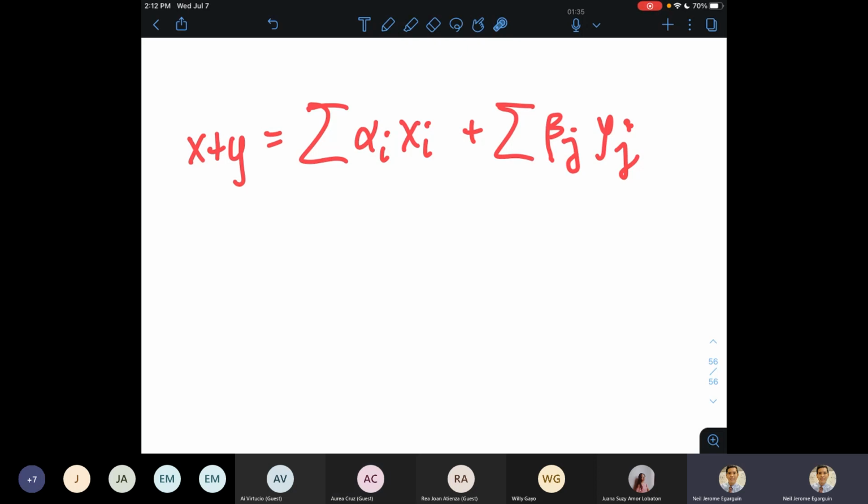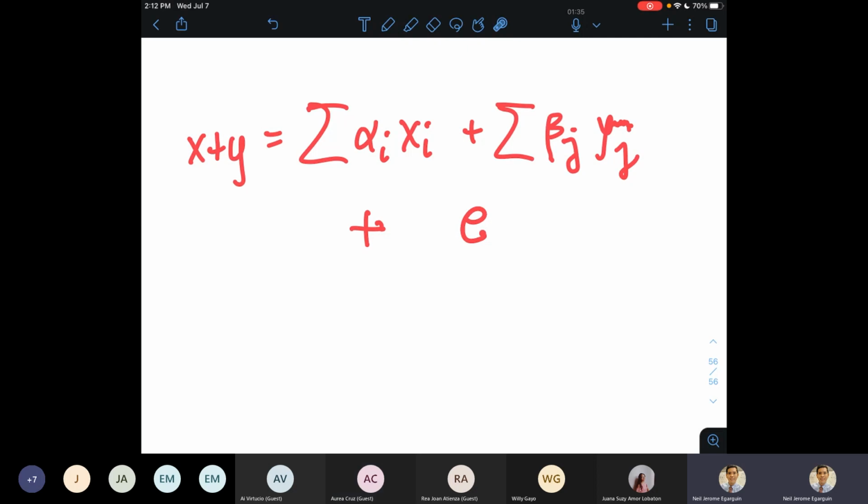Pero at its form, you're right, it might not be an affine combination kasi yung sum ng alpha at sum ng beta ay hindi 1, right? Or hindi unity. Pero pwede nating i-take advantage na sure tayo na si zero vector ay nasa capital X. So pwede ako magkaroon ng ibang representation for x plus y that involves the zero vector.